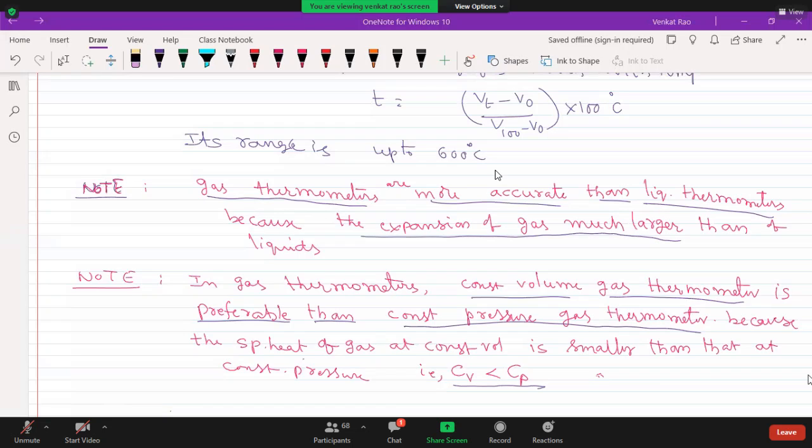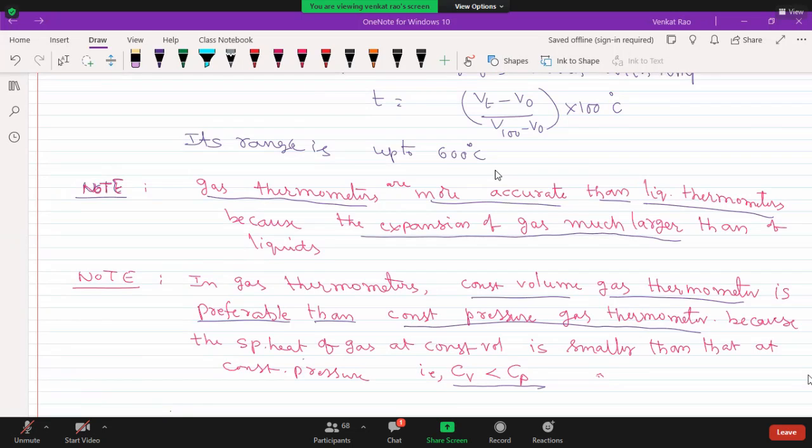Let x and xtr be the values of the physical quantity.